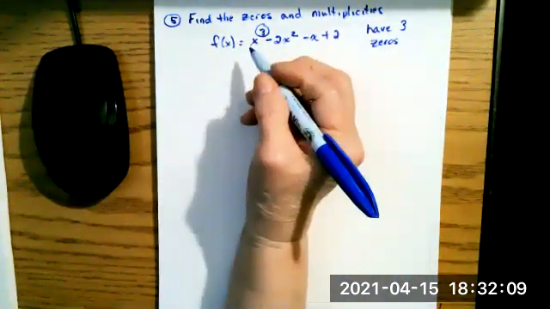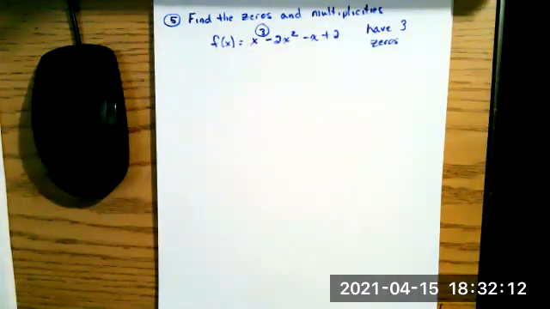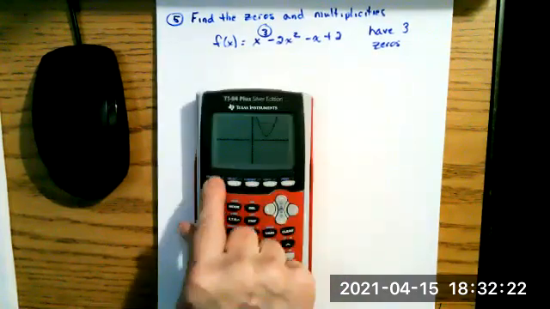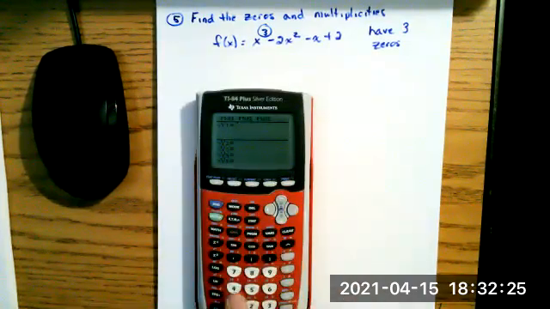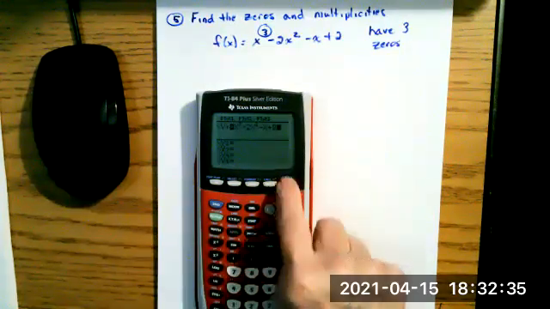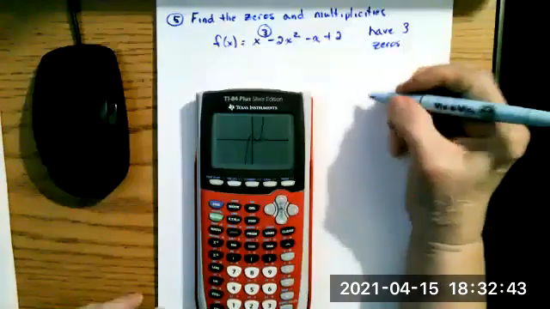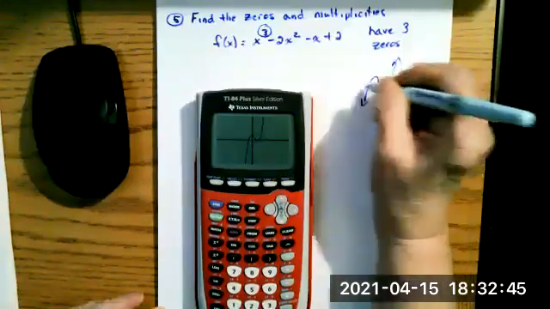So let's look at it. And what you want to do is grab your calculator, since they don't give you any zeros, or you could use synthetic division. They don't give you any. So grab your calculator and put in x cubed minus 2x squared minus x plus 2. And I'm going to graph that, and it sure looks like it's crossing in 3 places.